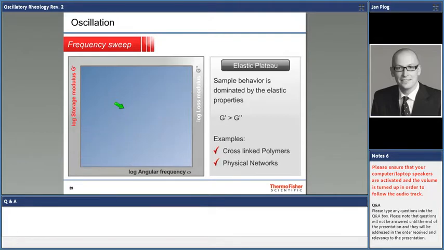Okay, a purely elastic body looks different, of course. For a purely elastic body, or a more or less elastic sample, let's say, like a cross-linked polymer, a real gel structure, a real physical network, the G prime, the elastic modulus, will always overcompensate the G double prime, the viscous modulus.